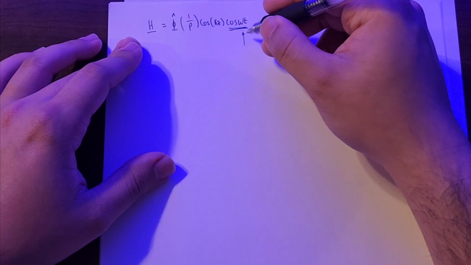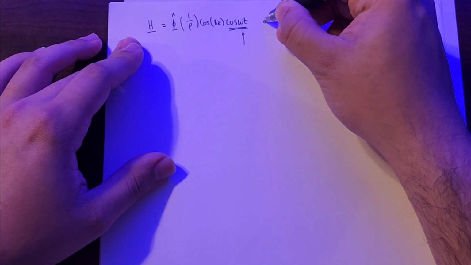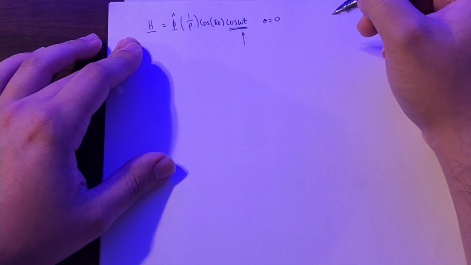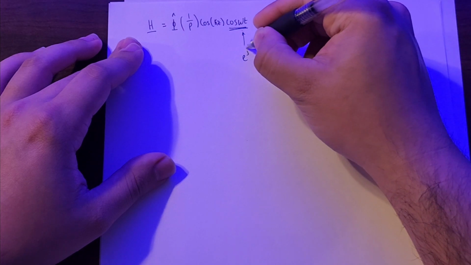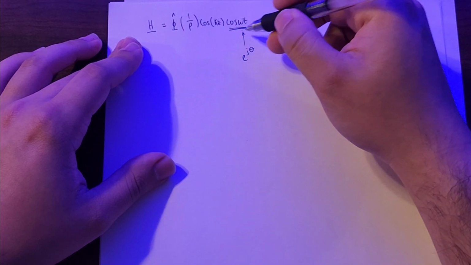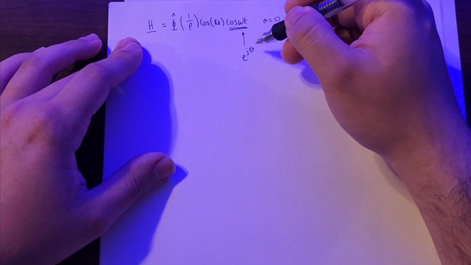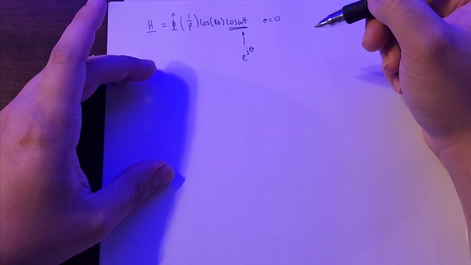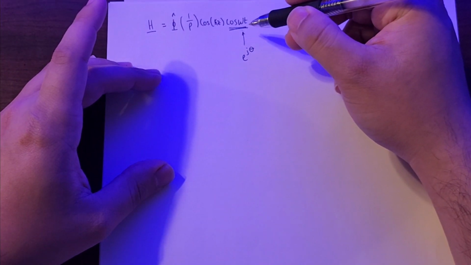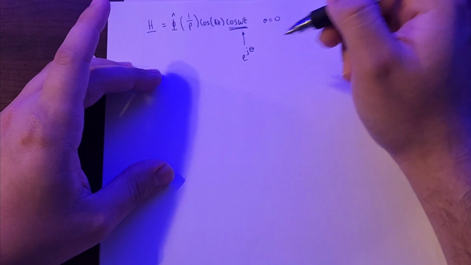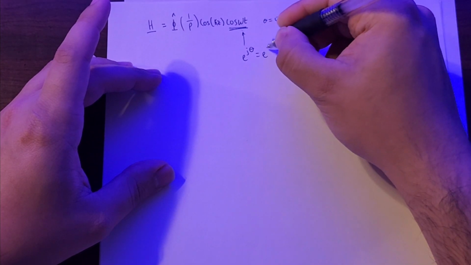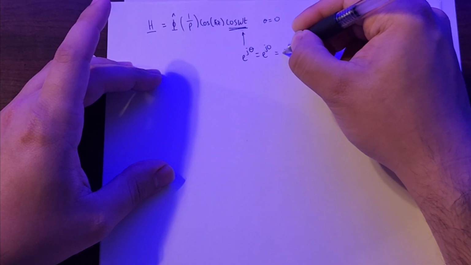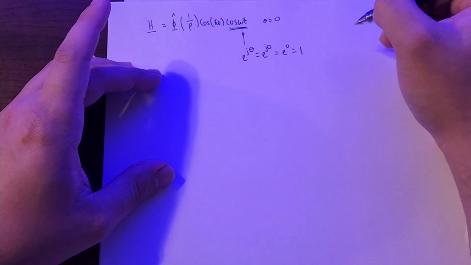We know cosine omega t has a phase shift equal to 0. So e to the j theta is the same thing as cosine theta plus j sine theta, using Euler's formula. In this case, there's no sine term, and there's no phase shift here. So this is equal to e to the j0, which is e to the 0, which equals 1.